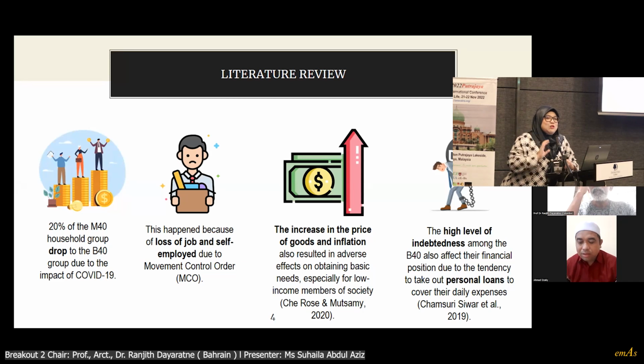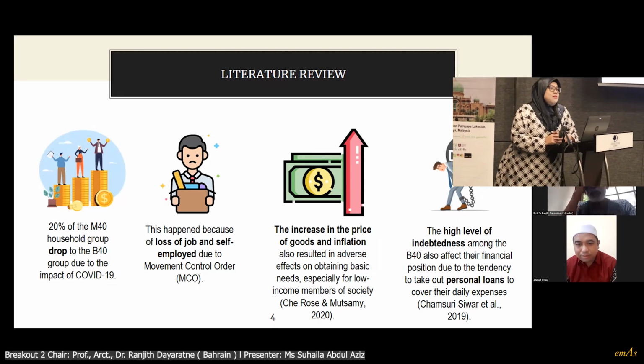Because of the loss of income and jobs, they have problems sustaining their life, and the high level of indebtedness among B40 affects their financial situations. In order to survive, themselves and their family, they resorted to taking personal loans to cover their daily expenses.